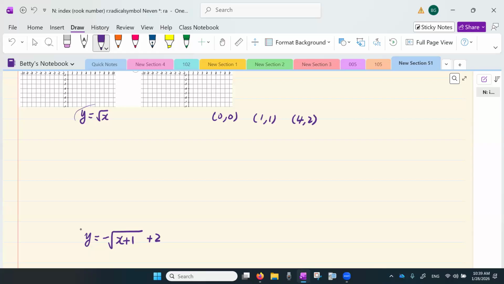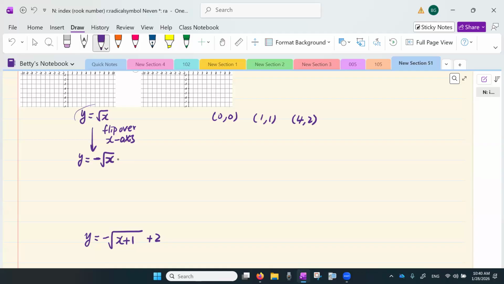Okay. Firstly, we're going to flip over the x-axis. Graphically, we mirror the graph over the x-axis. Algebraically, we attach a negative sign in front of the entire function. This is the original y. Change the y to the opposite, okay?